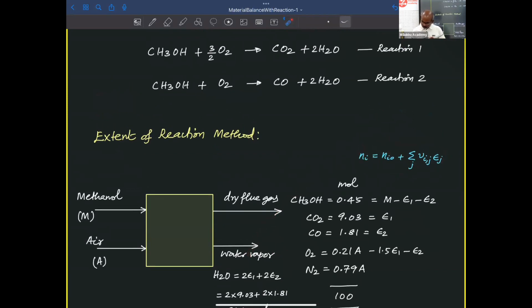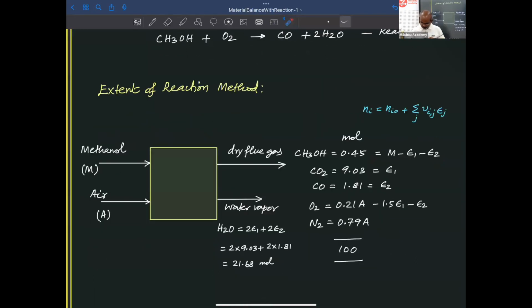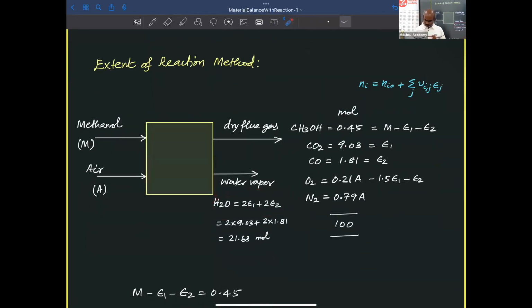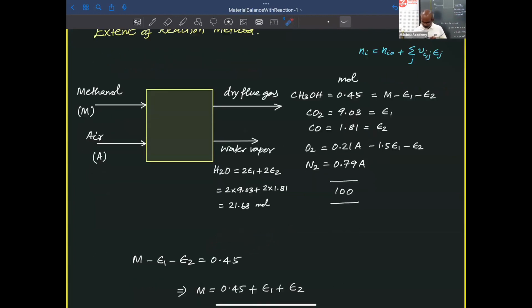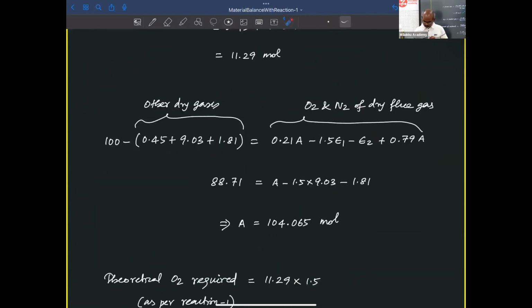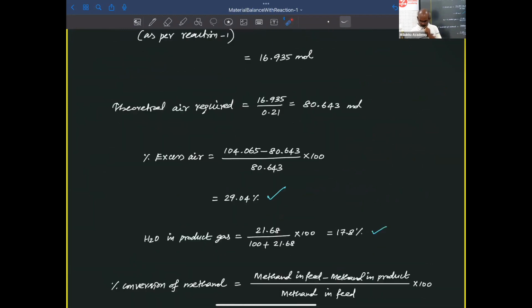Of course, Ni naught is simply 0, and the extent of the first reaction gives a production of 2E1. The second reaction gives 2E2. So the H2O in the product is 2E1 plus 2E2. E1 and E2 are available here, and from that I get the water vapor content as 21.68 mole. We need to report the percentage of water in the product gas.